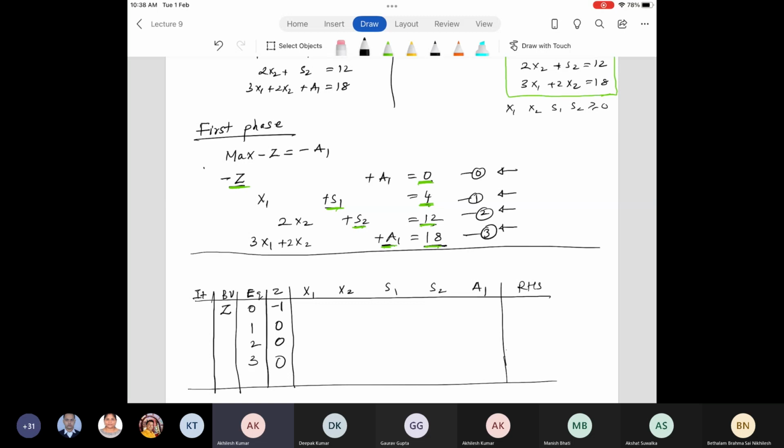Basic variables are G, S1, S2 and A1. Let me initialize it: X1 is 0, X2 is 0, S1 is 0, S2 is 0, A1 is 1, RHS is 0, and so on for the rows.